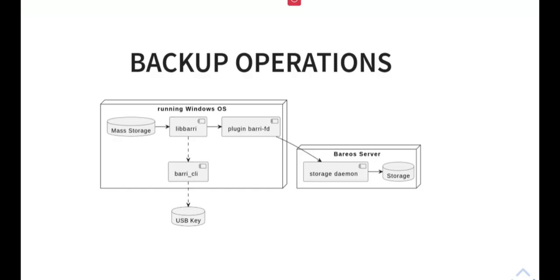And then the plugin would directly store the Barri file information to the storage daemon and to the storage, as any backup usually would work. And also it's possible to use the Barri CLI tool, for example, to create the same Barri file image of the system and store it on a USB key, on a network drive, or wherever you want to put it.